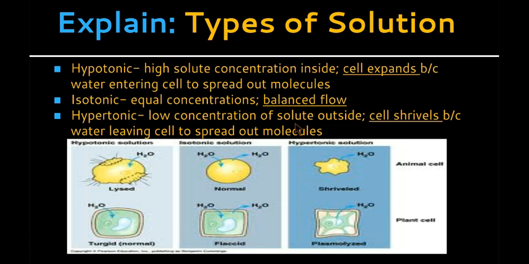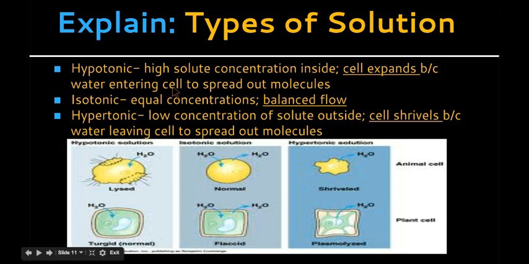So in osmosis specifically, when water is moving, there are 3 types of solutions or mixtures that we can classify. You don't need to write this down. I just want you to become familiar with these terms. I'm going to use them and you're going to hear them in classwork, but you don't need to put them in your notebook. The first type of solution is a hypotonic solution.